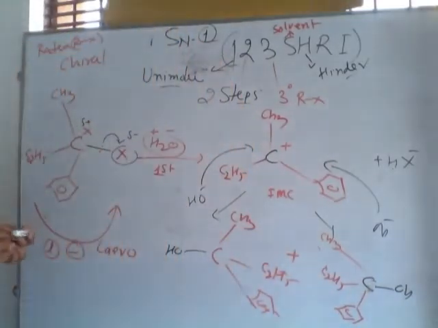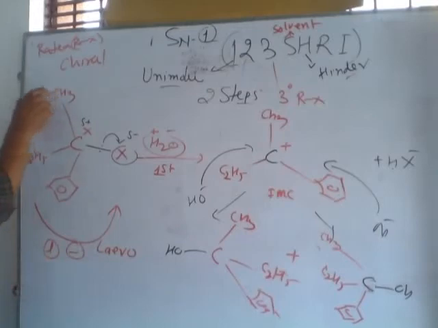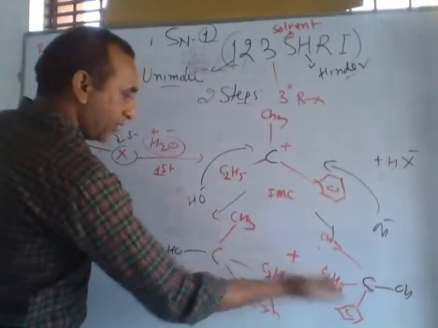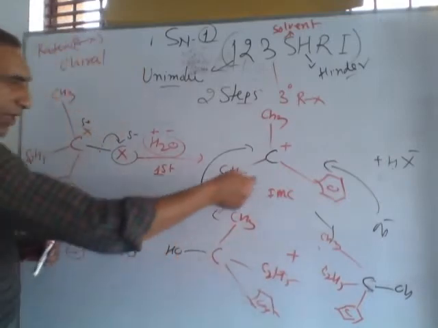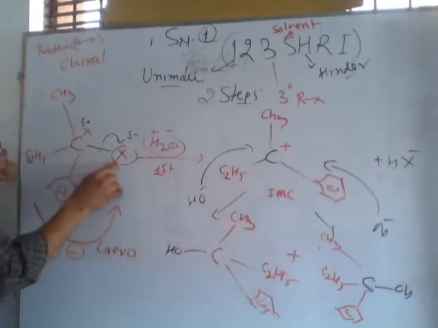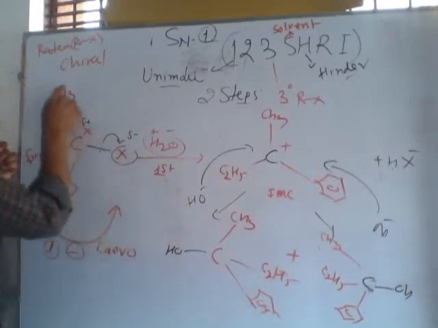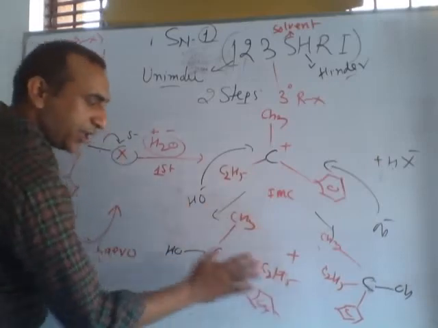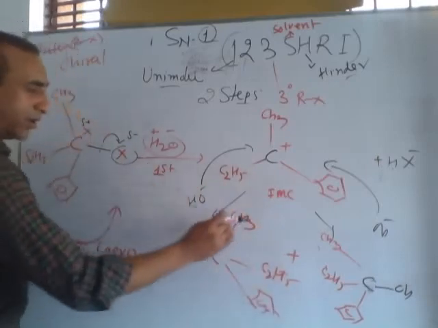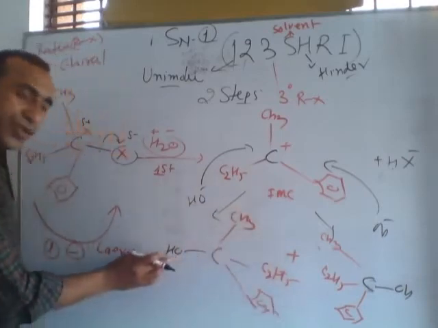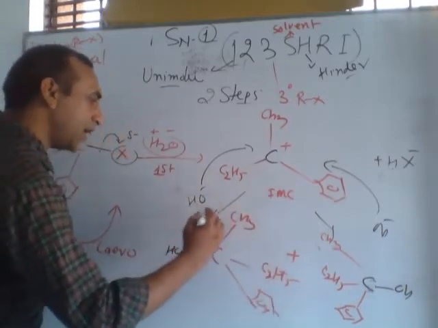Can you guess and compare the orientation of these three groups in the reactant and product? First, in this case, the halogen is replaced by OH, and the configuration changes. So the orientation changes, and substitution also takes place. This process is called inversion.